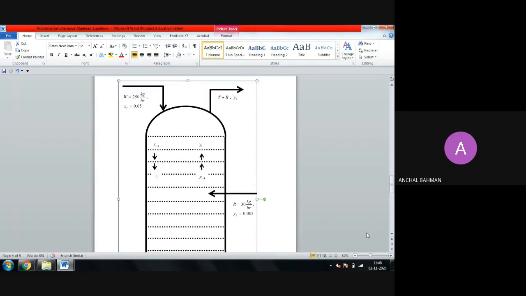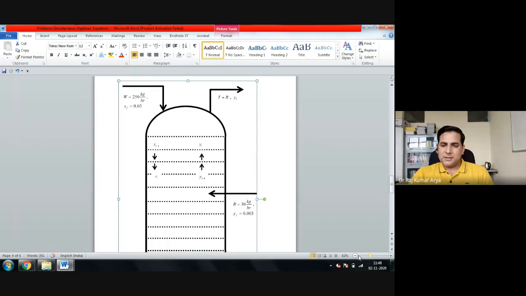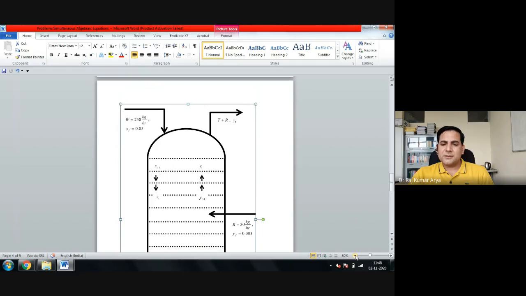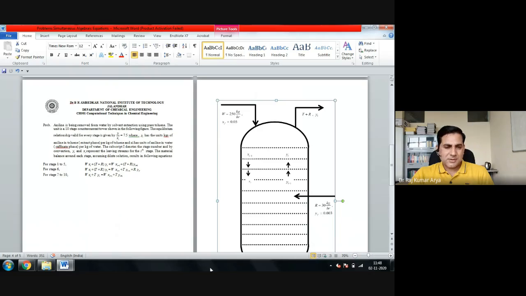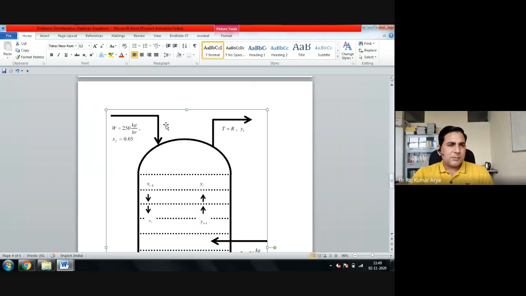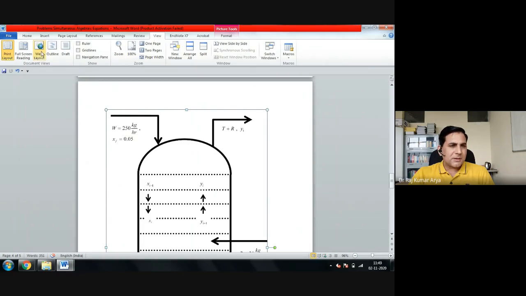Can you please zoom out a bit so that we can see the whole column at once? Yeah, I am doing that only. Now it's going to 2, but I want to show you a single page. One minute. How to go to full screen? Is there any way?